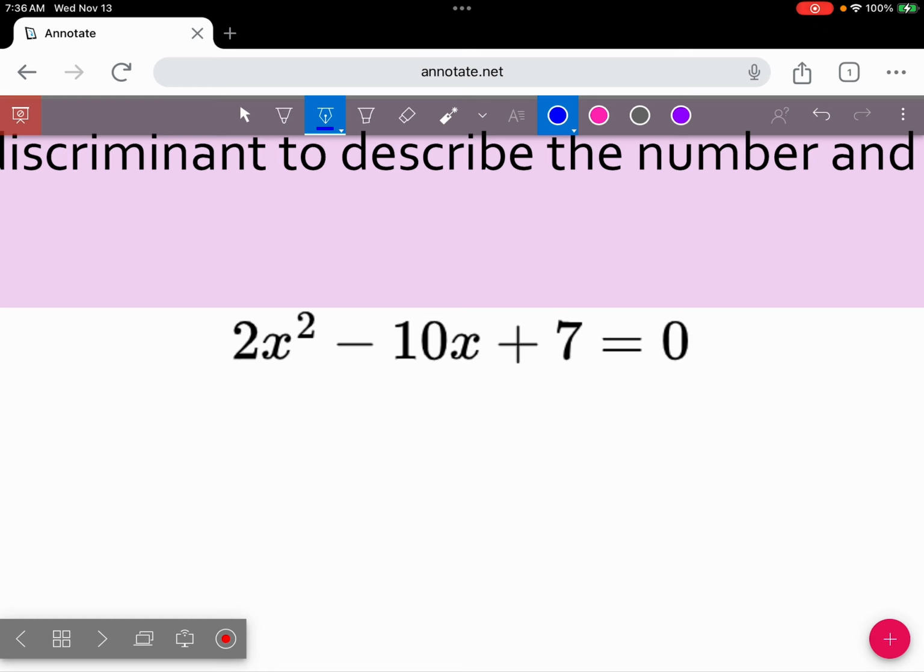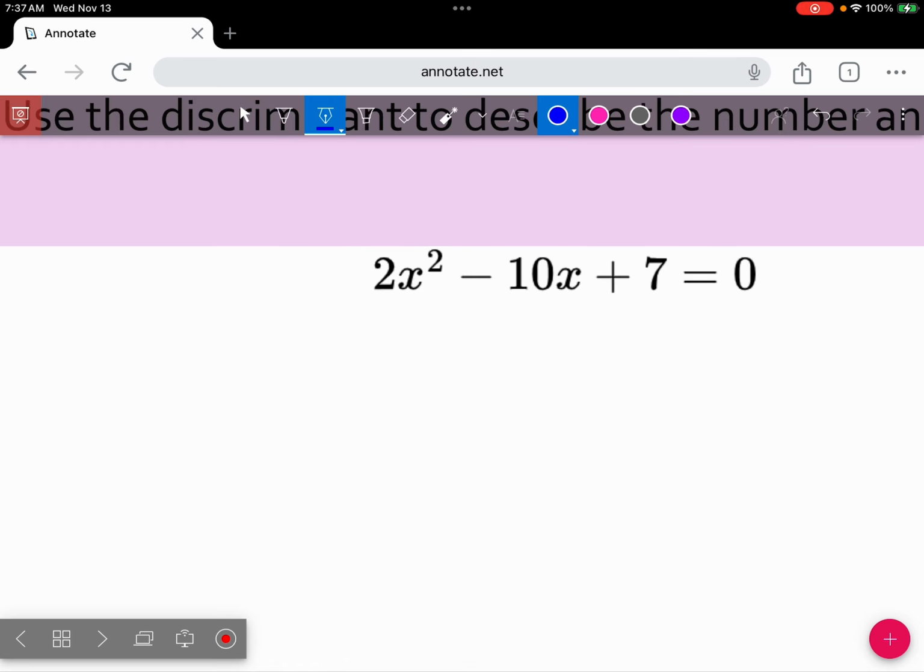So here we're given a quadratic. The way these problems are worded is often, describe the number and type of roots. So the first thing we need to do is figure out what is our a, our b, and our c. We did this yesterday when we were switching them into vertex form because I wanted us to practice this before we got to today.